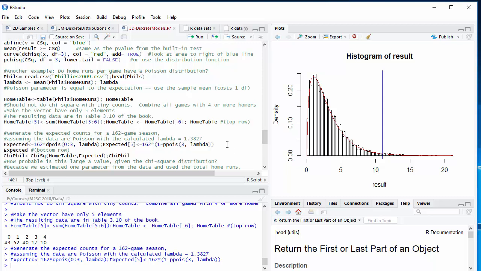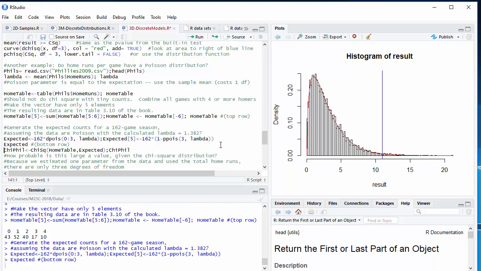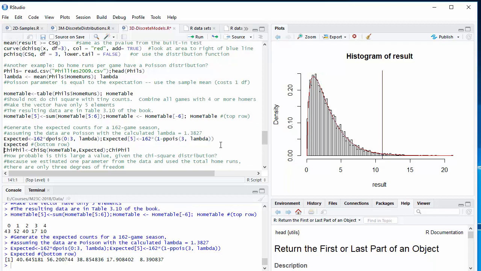And then the 5th value is going to be 1 minus the probability of getting less than or equal to 3 home runs. If you look at Chihara and Hesterberg online, you'll see the observed and expected values as the top and bottom rows of their table. I think it's 3.10.